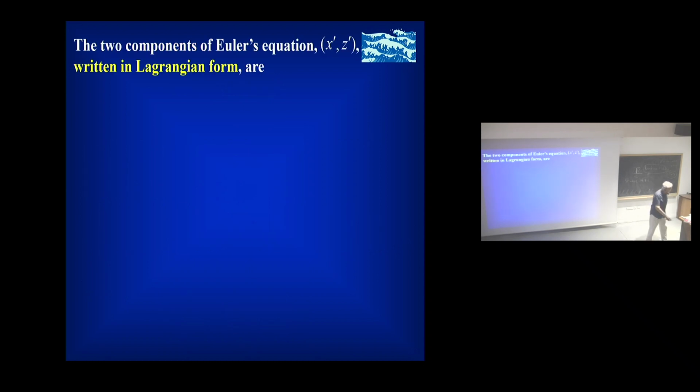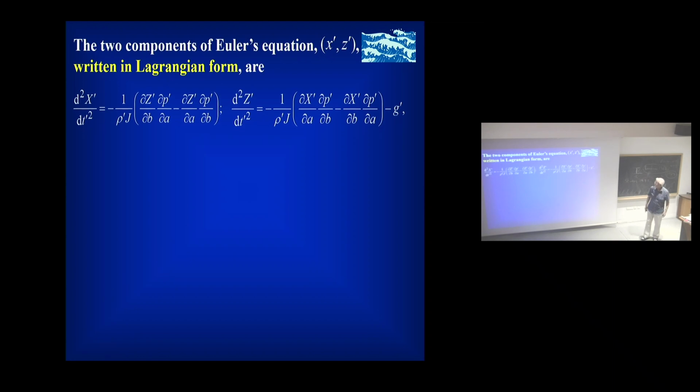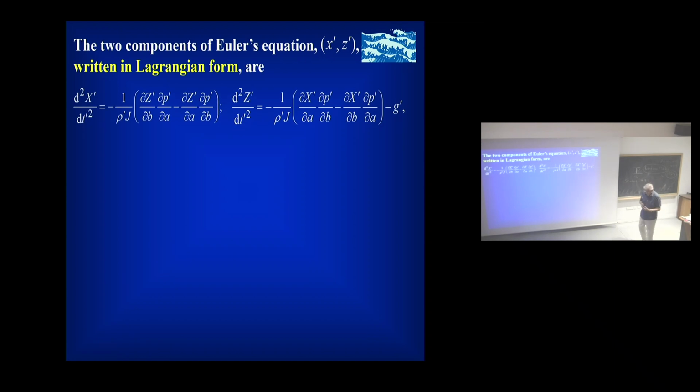Well, of course, we've got to compute what happens to the two components of Euler's equation. So we've got the horizontal component and the vertical component, expressed in Lagrangian form. We've got the acceleration term over there, and under the transformation for the derivatives that were on the previous screen, we can work out what happens to the horizontal derivative of pressure, and correspondingly the vertical derivative of the pressure, and here is the gravity term sitting in the equation.